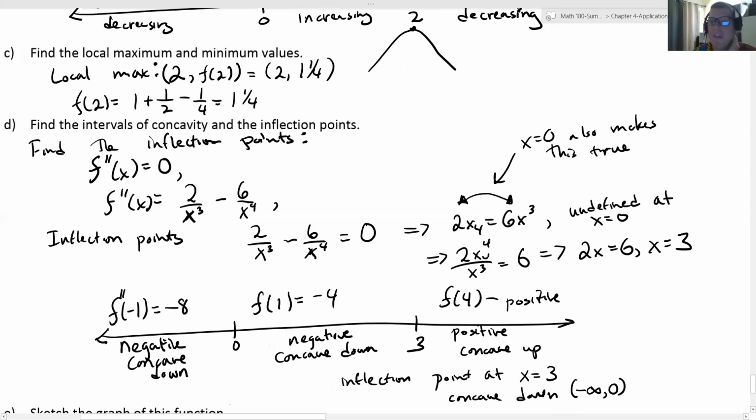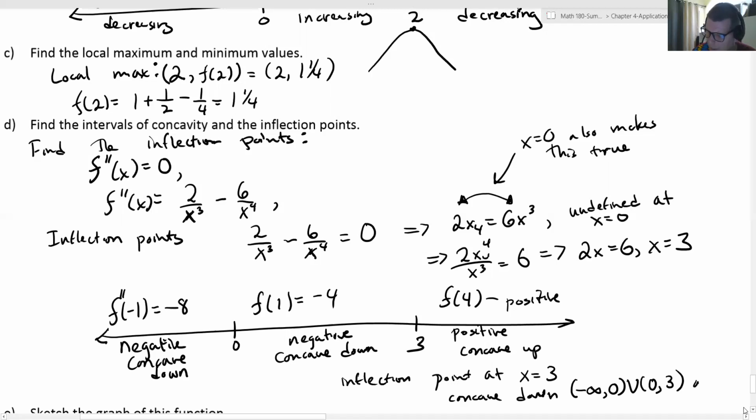Because at 0, the function's nothing. Union 0 to 3, because the function isn't defined, the second derivative isn't even defined there. So we have to exclude that. It's not going to be concave down at that place. It's not going to be anything, okay?